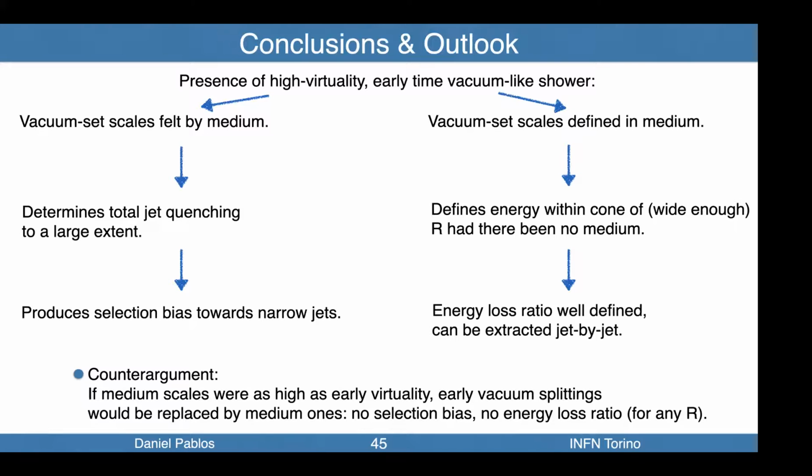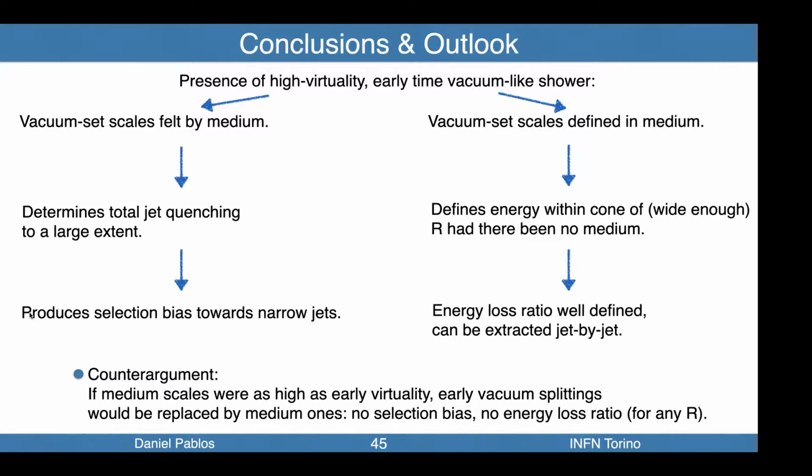Should I finish? Almost. So this is the most important logic that I try to present here. If there's the presence of a high virtuality early time vacuum-like shower, on one hand, this produces some vacuum-like scales that are felt, or resolved, by the medium, which determine the total jet quenching to a large extent. Wider jets lose more energy than narrow jets.